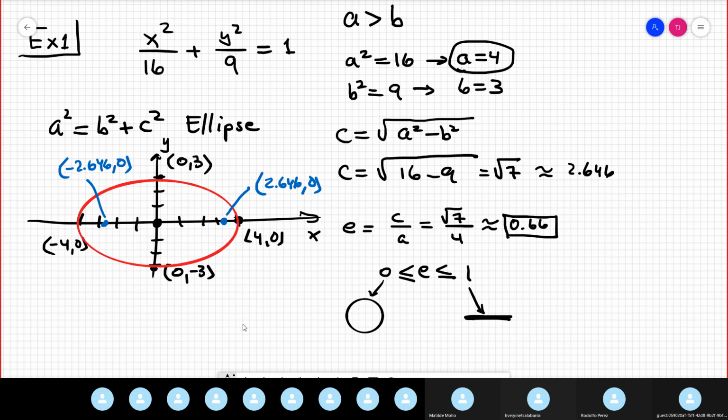And the foci are at the point 3,1 and 3, -5. And this is 7 because of 4. So say 7, -7. Here is -7.